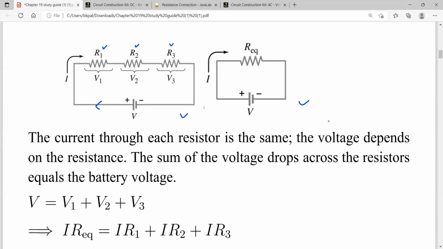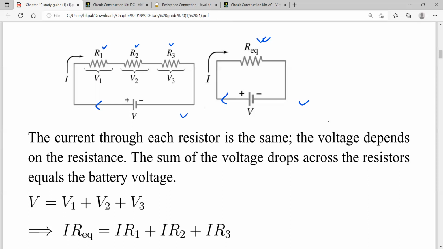So the equivalent circuit of this circuit is this one. Here V is the same V, but because we want to know the combination of these three resistances, I write Req, which means the combination of all these resistances. If you compare this with this one, you see that the same current I flows through Req.